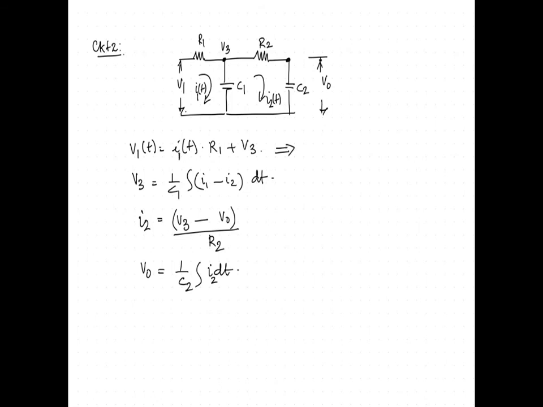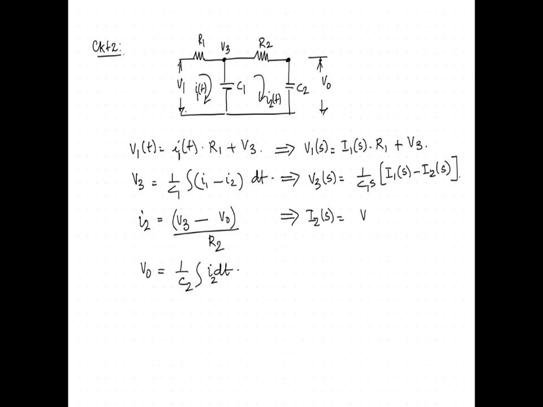The equivalent Laplace transform of these equations can be V1(s) is equal to I1(s) into R1 plus V3. Here we have V3(s) is equal to 1/(C1 s) times (I1(s) minus I2(s)). I2(s) is equal to (V3(s) minus V0(s)) divided by R2. V0(s) is equal to 1/(C2 s) I2(s).